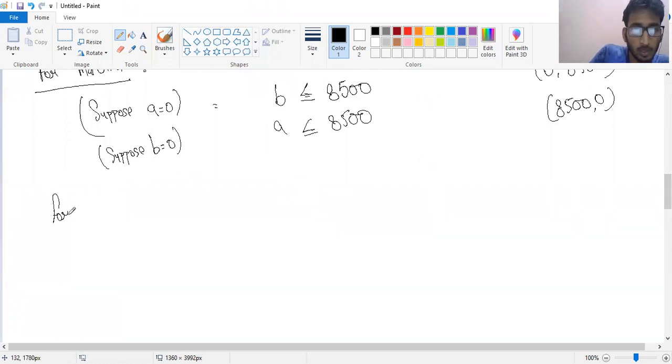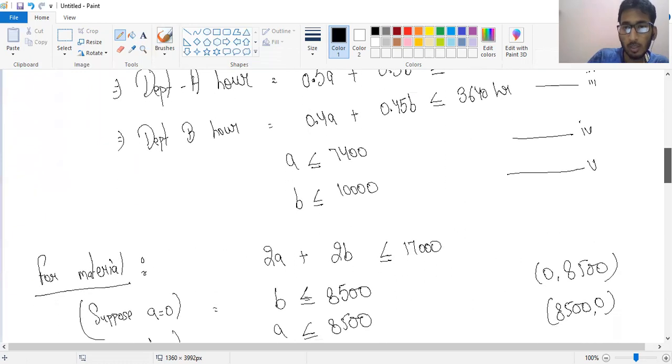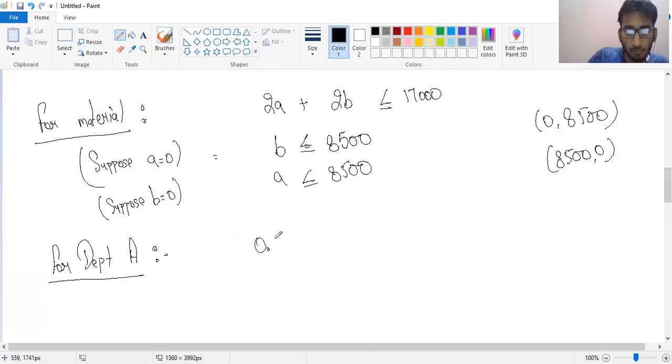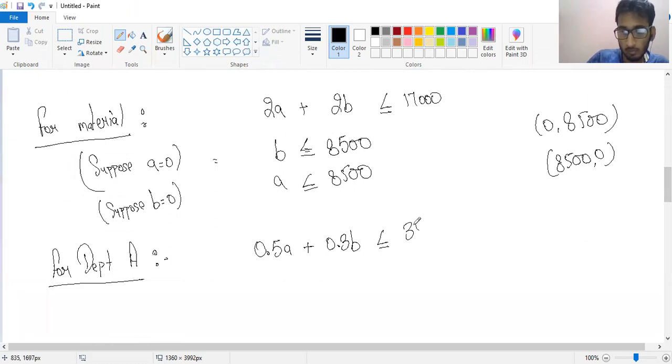Now for department A hours, the equation is 0.5A plus 0.3B less than or equal to 3,400.